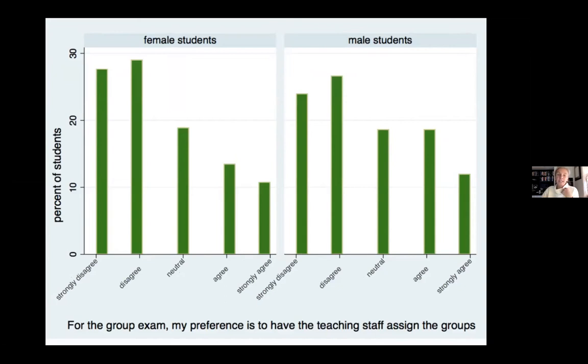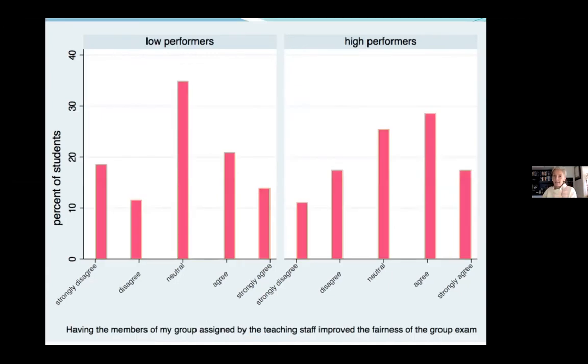Okay, and then if we go to the next graph, it's looking at basically the same thing, but divided along the performance dimension. The histogram on the left represents low performing students, so students who had low FCI scores and typically did poorly on the first exam. This shows the distribution of the level of agreement with whether they think we should assign the groups.